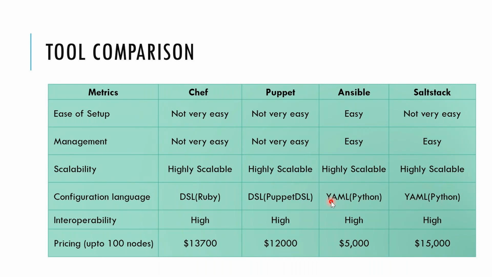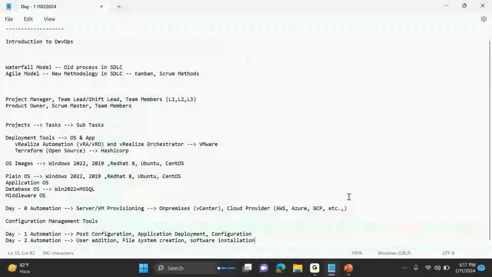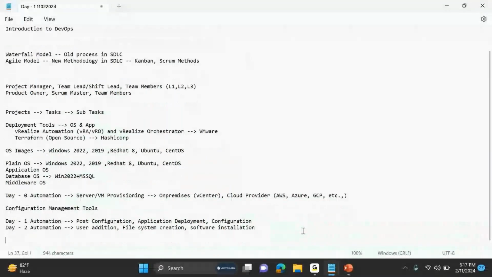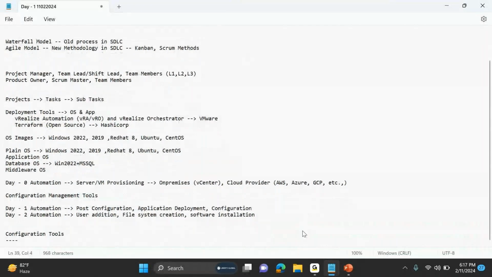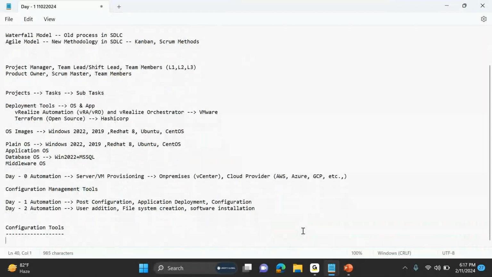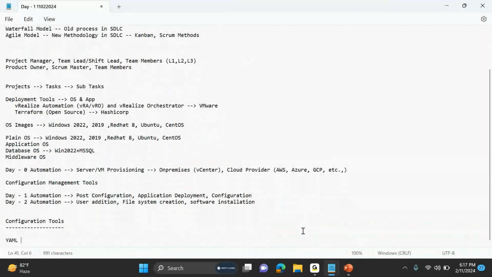YAML is nothing but Yet Another Markup Language.